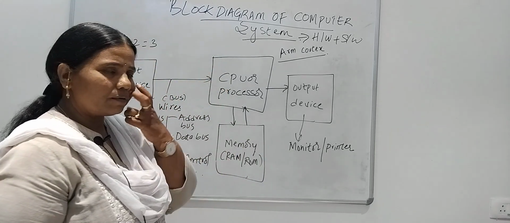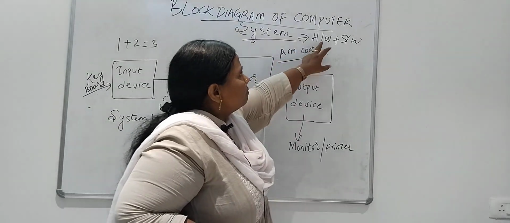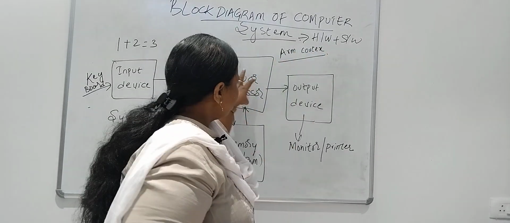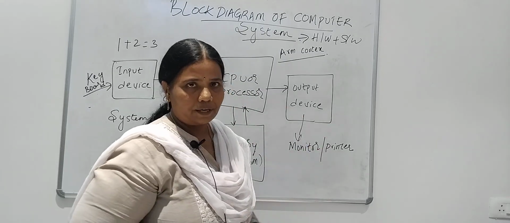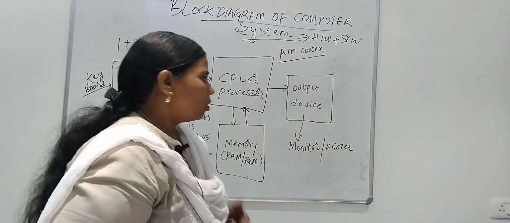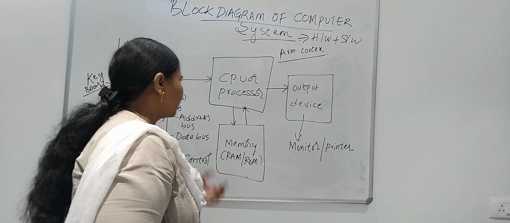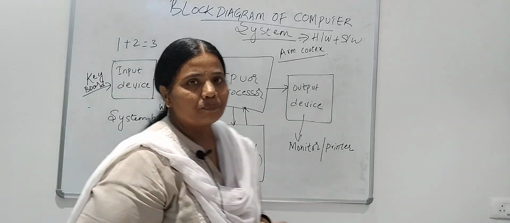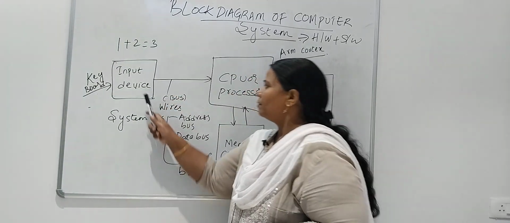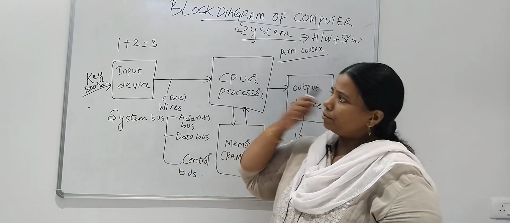Whenever you go for building any system, as we discussed, the hardware and the software are required. First we will discuss the hardware you require for building any computer system, like your mobile phone, calculator, ATM machine or robot. The first hardware you require is your input device.